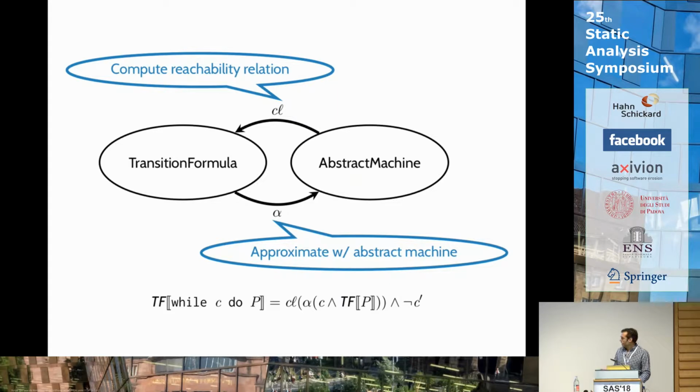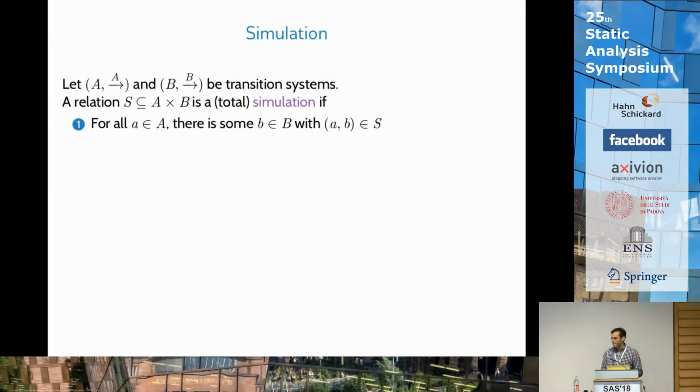All right. So let's dive a bit further into the specification of this abstraction function alpha. Clearly, there should be some relationship between the transition formula and the abstract machine that approximates it. And the way that I'll formalize that is by simulation relations.